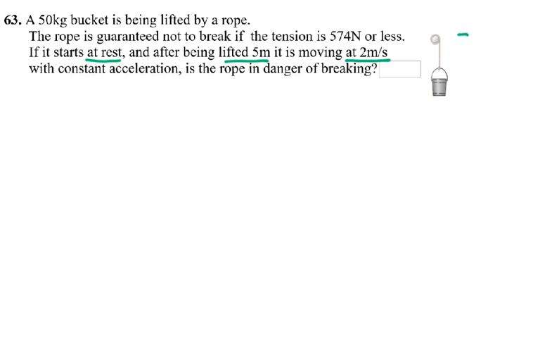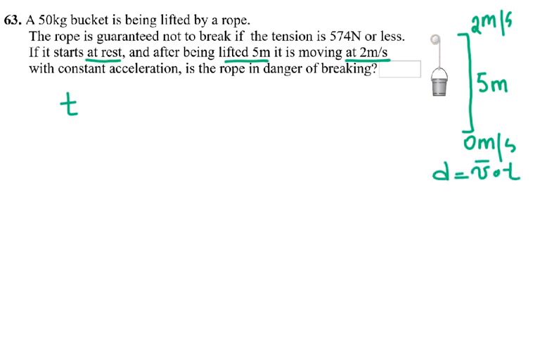So it moves the distance of 5 meters and it started with 0 meters per second and the final velocity is 2 meters per second. And I can figure out the time. So the distance formula gives me the average velocity times the time. So the time is going to be equal to the distance over the average velocity.